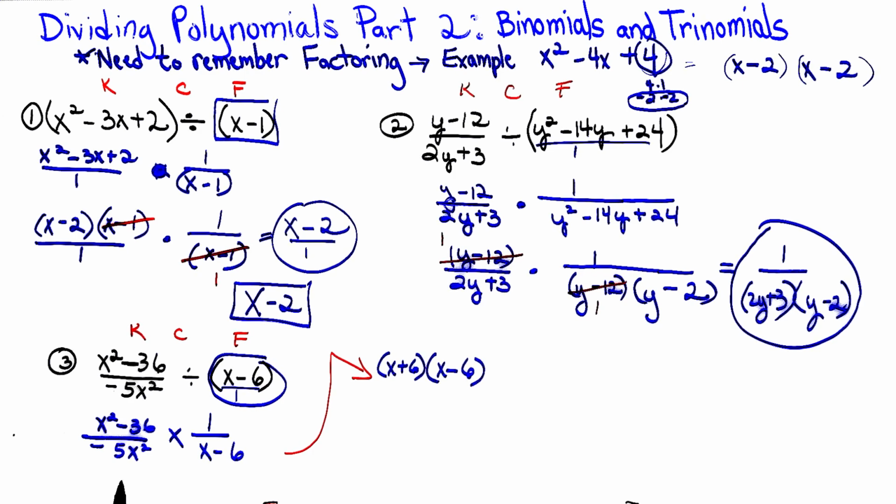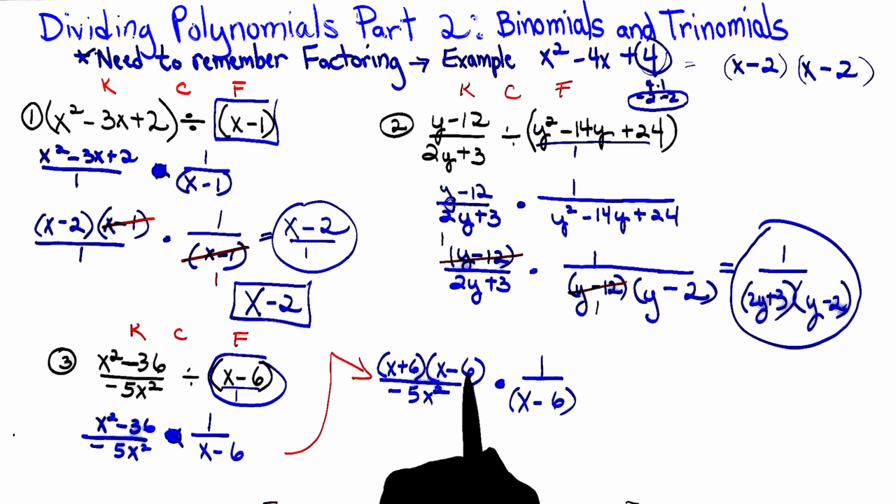And now I'm going to copy my -5x², and again, I'm going to make that a dot over 1 times (x - 6). And you can see this term actually does end up getting simplified.